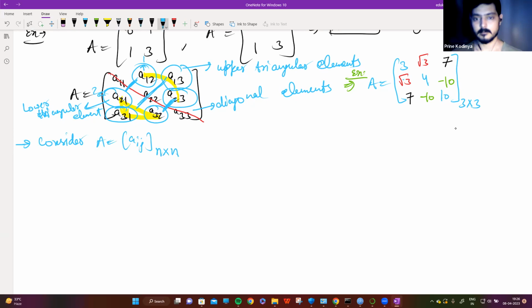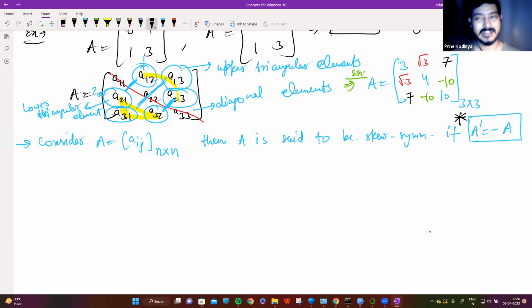Then A is said to be skew symmetric if A dash is equal to negative times A. The only difference is it should be negative times A. Then it can be said to be a skew symmetric matrix.